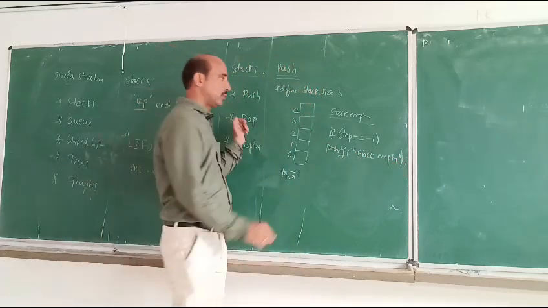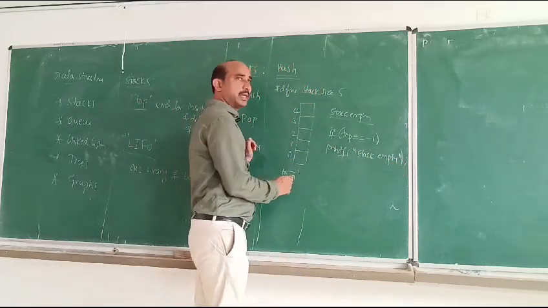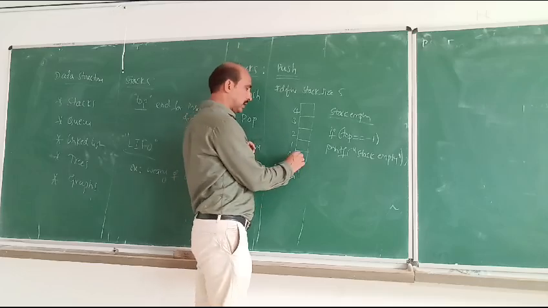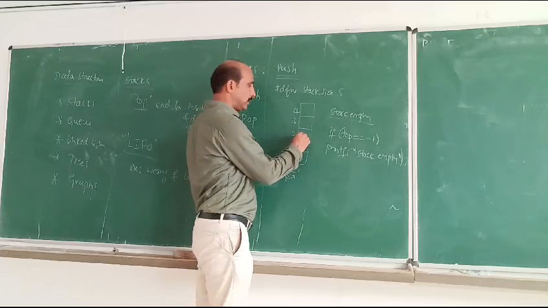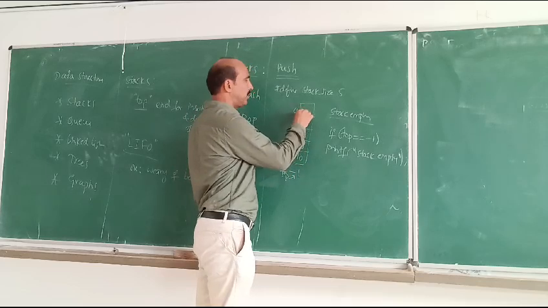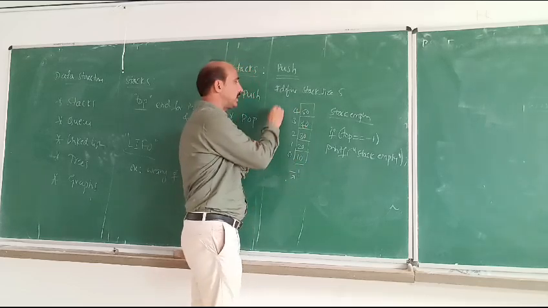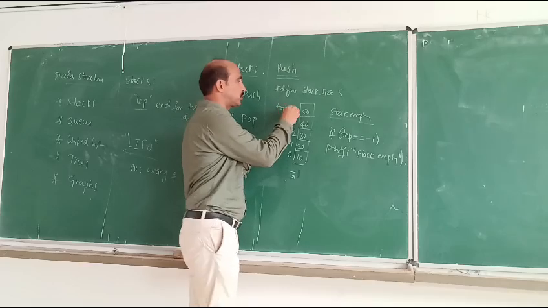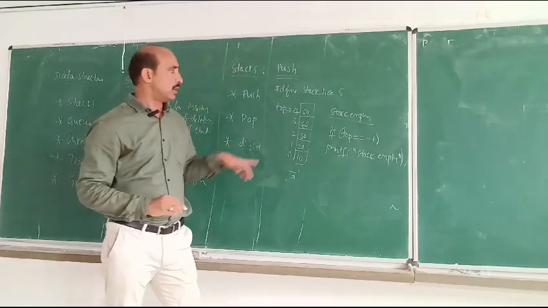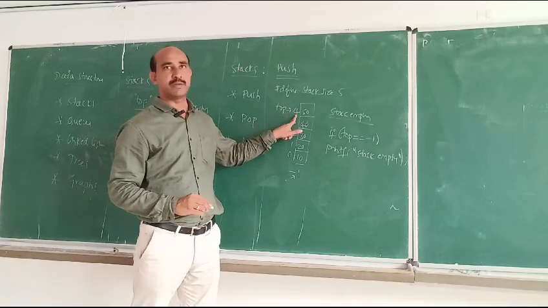If the stack is full, again we need to check for this. Assume that I want to add elements into the stack: 10, 20, 30, 40 and 50. When we do this, the top is incremented every time and points to the last value. That is, top is pointing to the fourth location. How are we going to check if the stack is full?